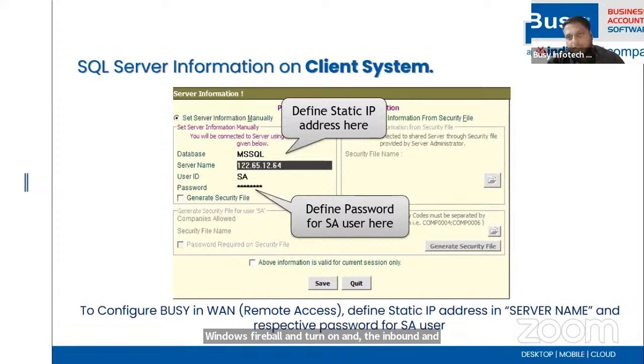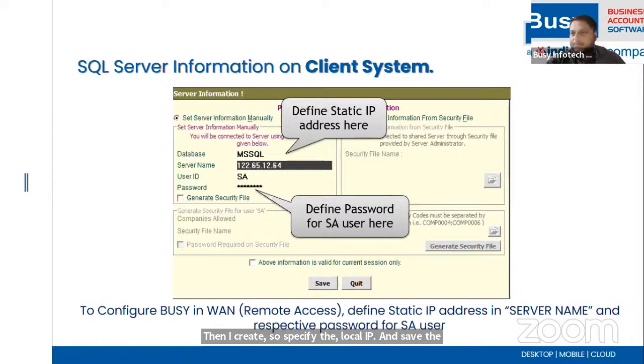Port name is 1433. After that, you have to open SQL Configuration Manager and click on TCP/IP. Specify the local IP in TCP/IP4, save the setting and restart the services.